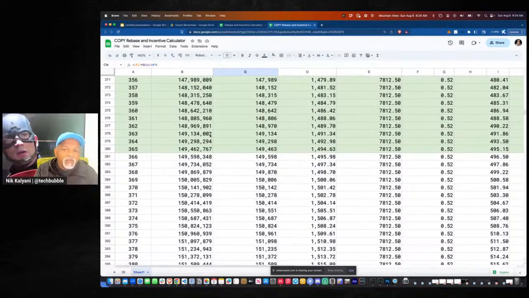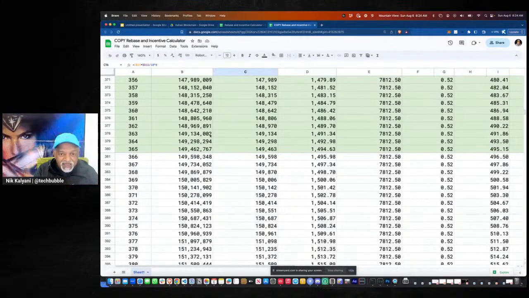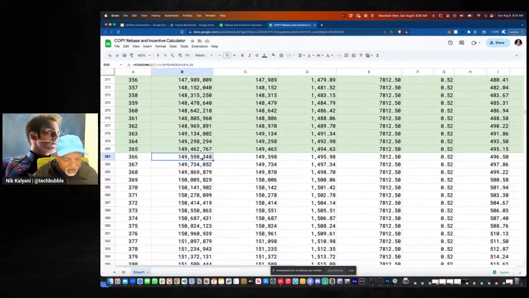Why not? Well, because you can only have one rebase approximately every 24 hours, every 17,000 blocks. So it can't be less than this, but it could be more than this if our performance is not good. But ideally, our performance is right on the money, and so we will see rebases occurring there. Here, this one basically uses C4, which is the APR that is lower, and then it changes to C5.